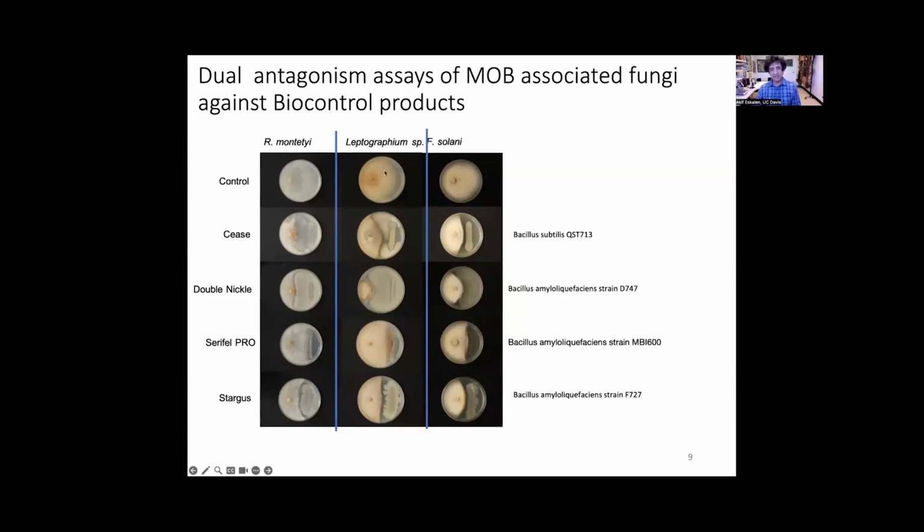As you can see here, many of those Bacillus-based products seem to be inhibiting the growth of the fungi, which is on the left side of each plate, and this is the bacteria. Wherever the bacteria grow, they are not allowing the fungal species to get close. So this is the in vitro study.